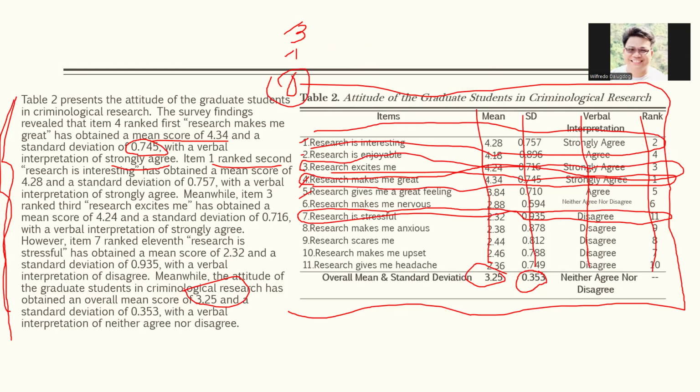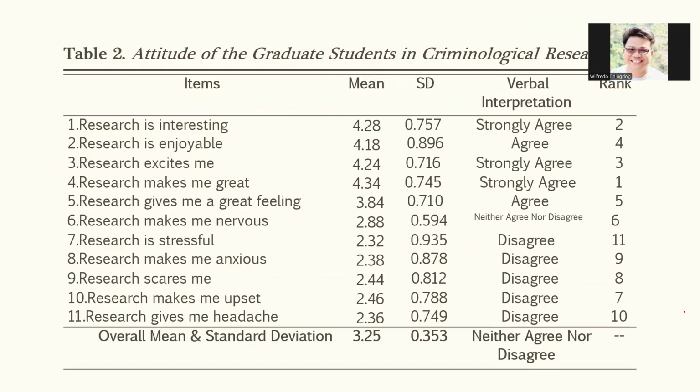What I did here is present the data in a narrative presentation, and you need to continue just like this one. This is the presentation of the table, the table to be placed in your paper.